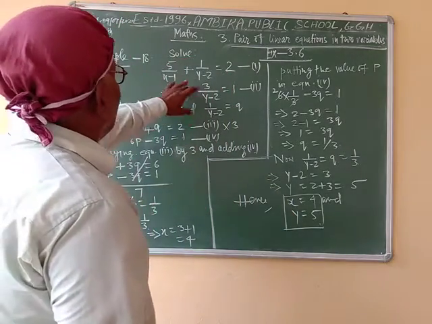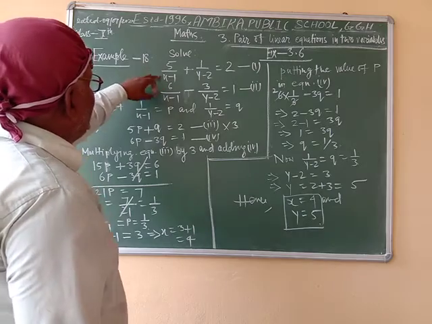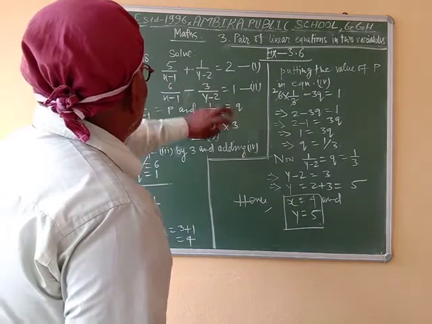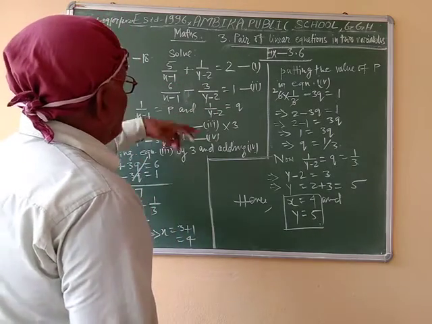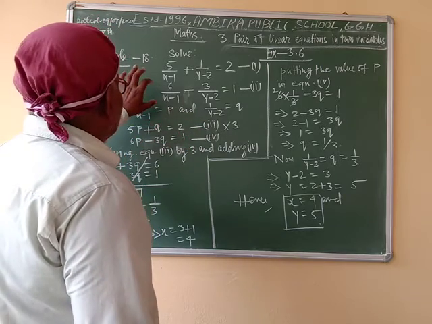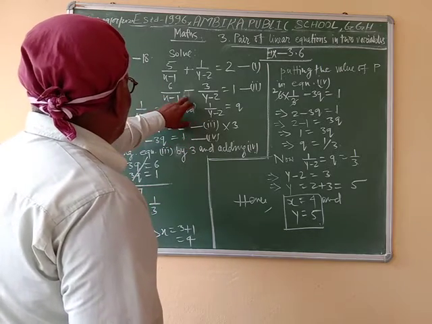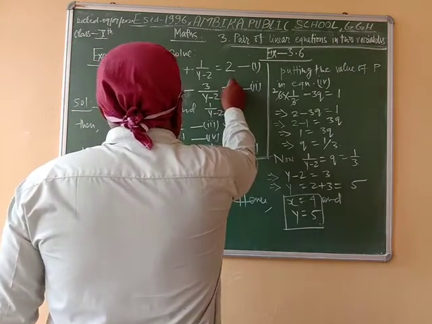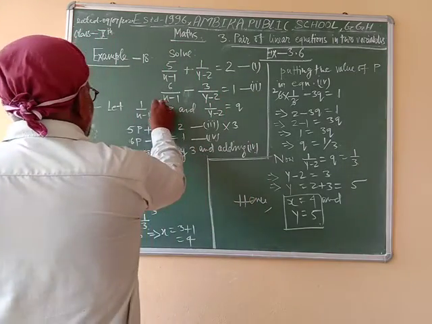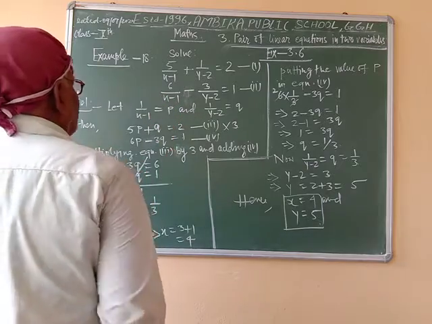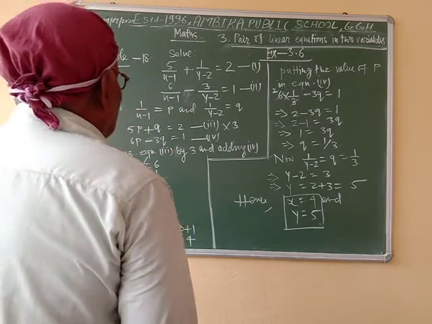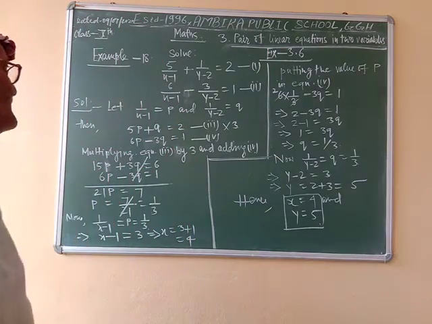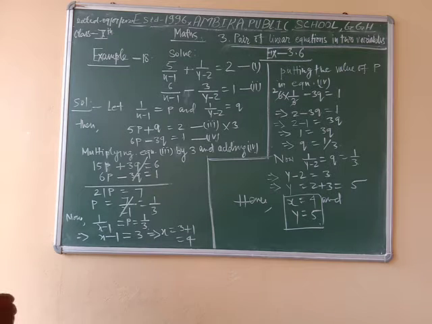We are given a pair of equations, 5 by x minus 1 plus 1 by y minus 2 is equal to 2, and another equation is 6 by x minus 1 minus 3 by y minus 2 is equal to 1. To solve this equation, at first we convert it into linear equation, and after that you can solve it by any method.